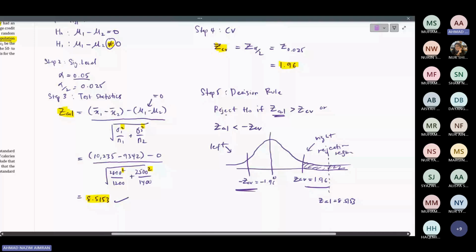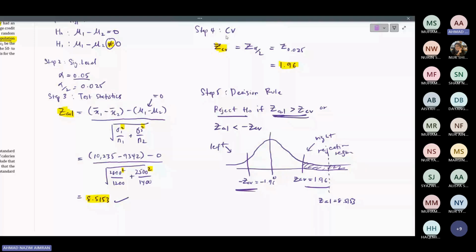But let's say our Z calculated is here. It is a positive value, but let's say we have 1.5153, for example.